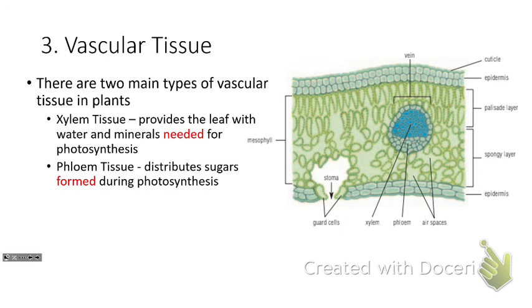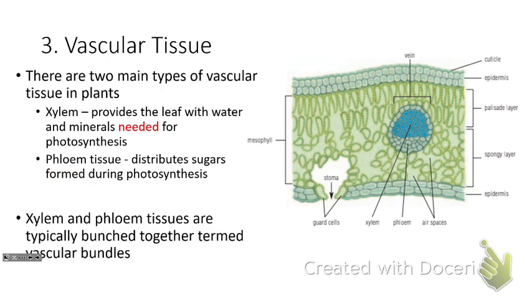I'll show you a pretty cool diagram to show how that is transported throughout the plants. We've talked about this already too: xylem and phloem are typically bunched together, called vascular bundles. That's what we have right there, a vascular bundle.